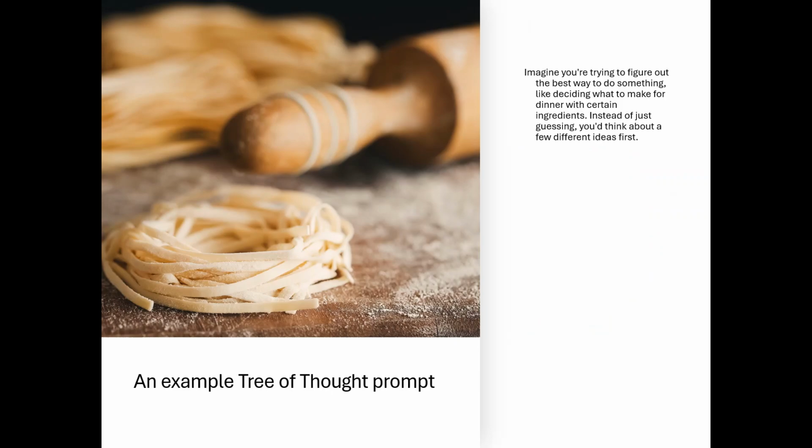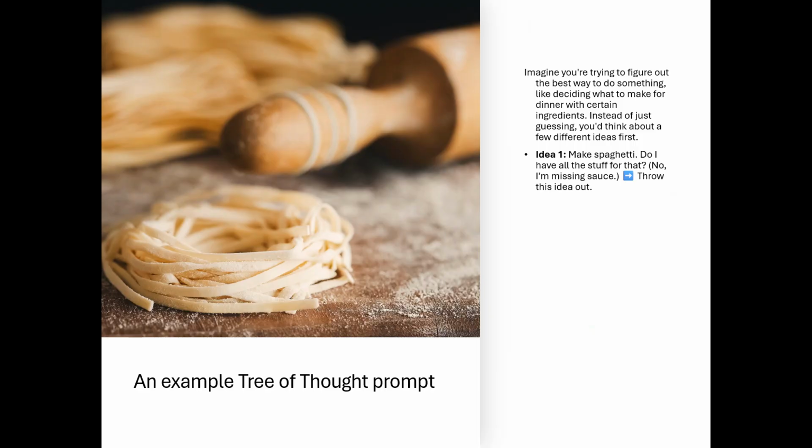And here's another example. So, imagine you're trying to figure out the best way to do something like deciding what to make for dinner, and you've got certain ingredients in your store cupboards already. And instead of just guessing, you like AI to think about a few different ideas first. So, for example, AI might give you the first idea.